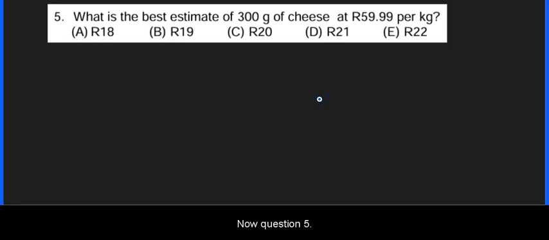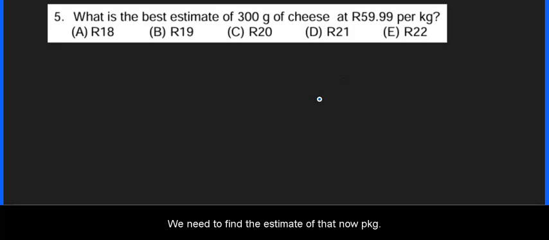Now, question 5. What is the best estimate of 300 grams of cheese at 59 rand 99 cent per kg? Let's see. 300 gram, we need to find the estimate of that.